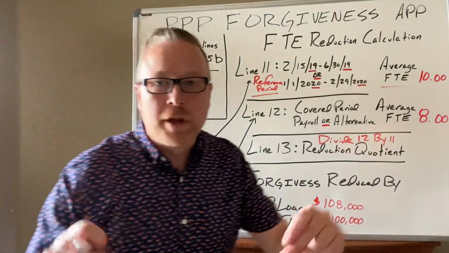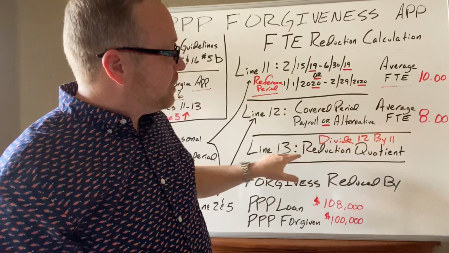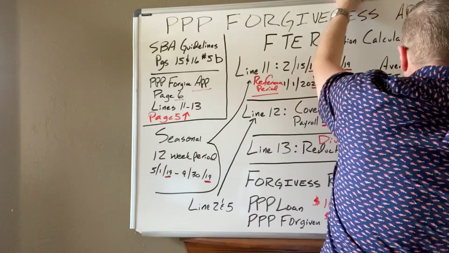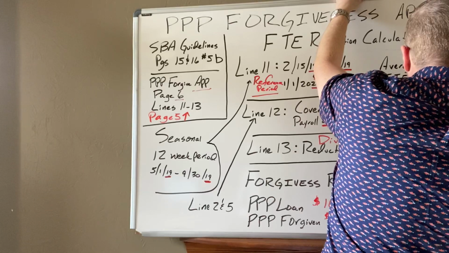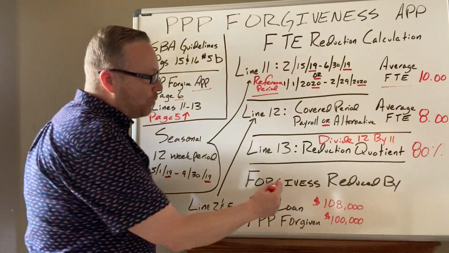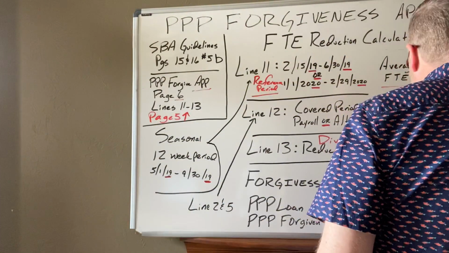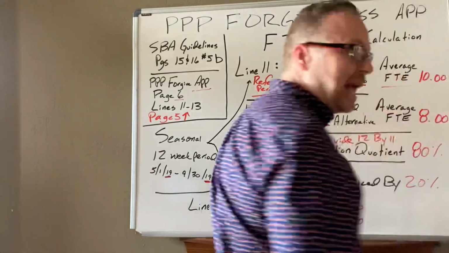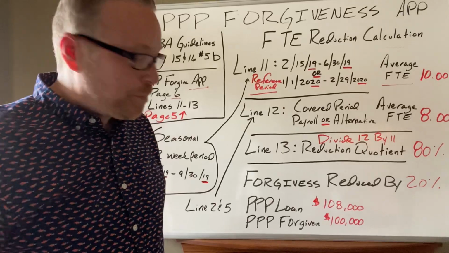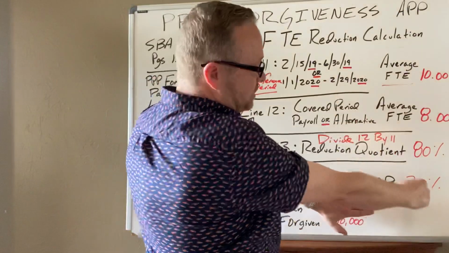So for those of you that are good at math, you already know that this quotient here is going to be 80%. So remember when I talked to you, the loan forgiveness is gonna be reduced by 20%. Let me be clear. This result here is not because of this.